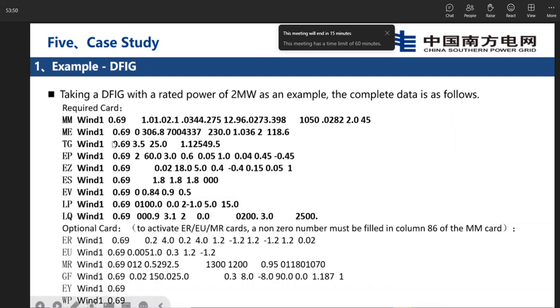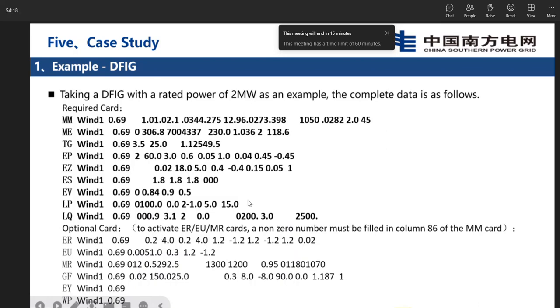For example, I write this part. From the first line, from the first card, we can see it is DFIG because of the first card, and these are mandatory, and these are optional cards. You can write this, or you cannot write this.